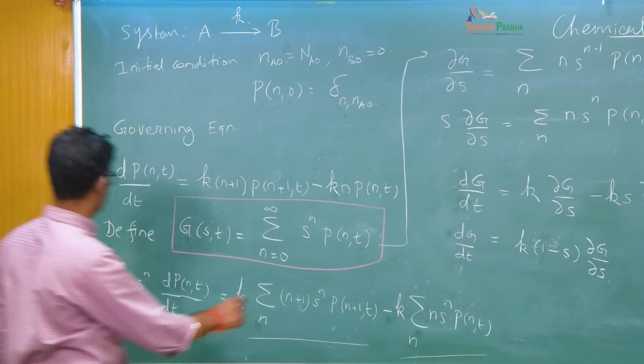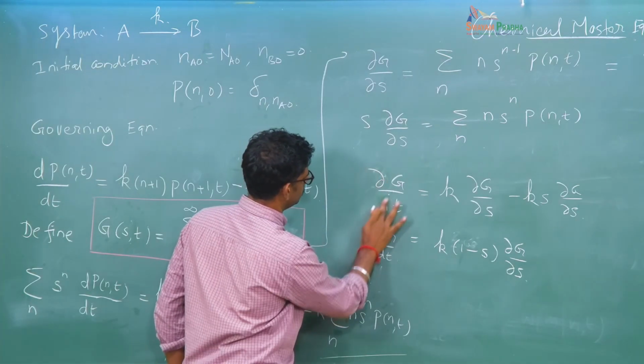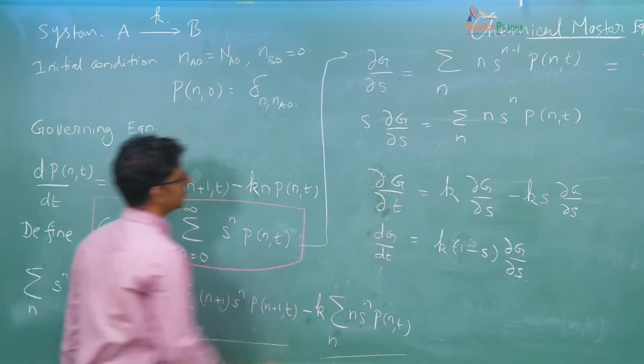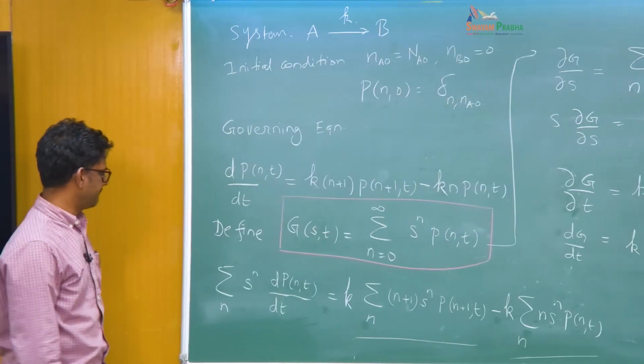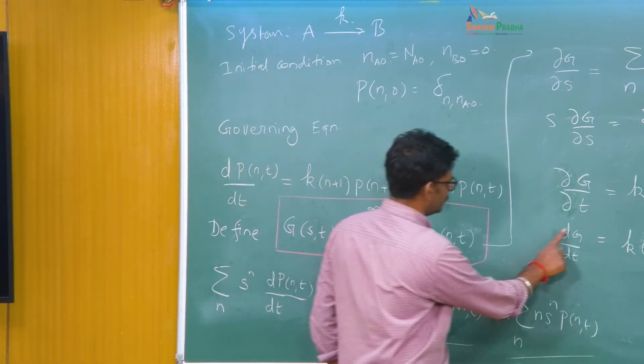No, I think this should be dou G by dou S, because G is a function of both S and T. Okay, so this is what we want to deal with now.